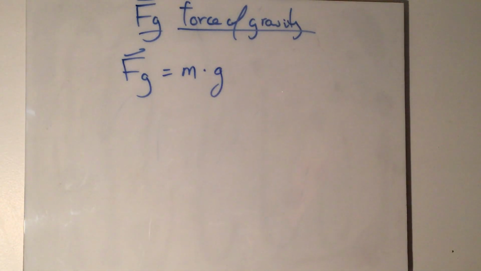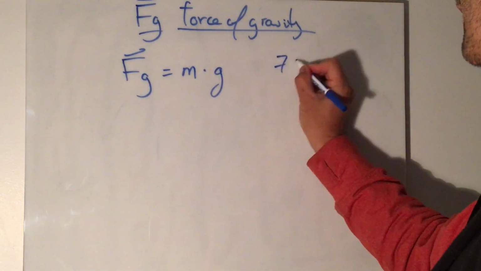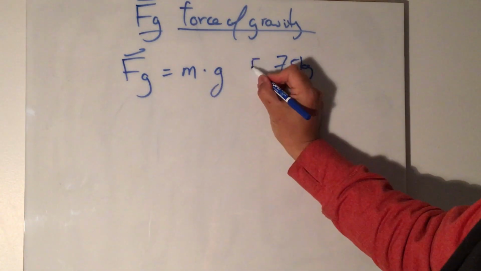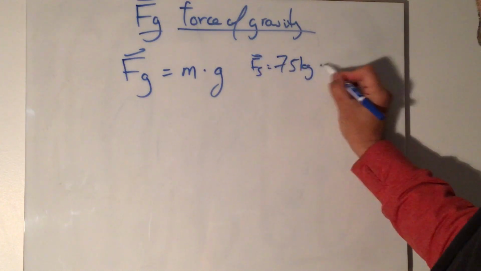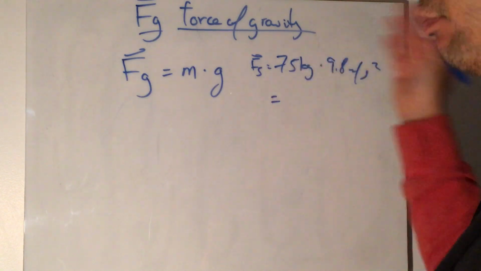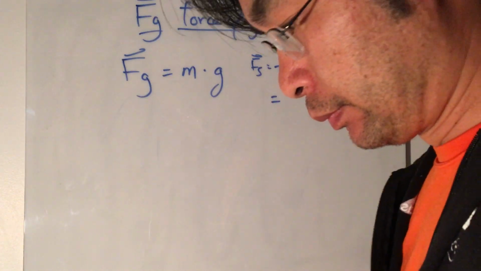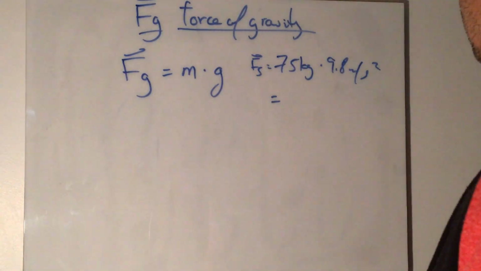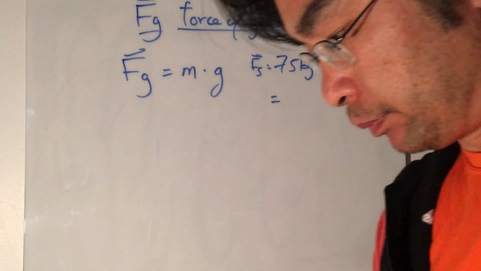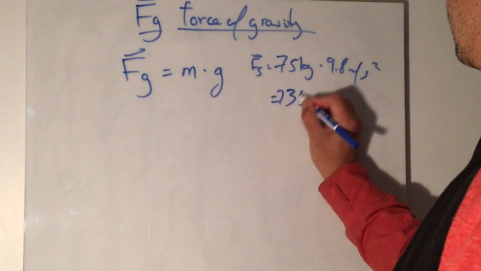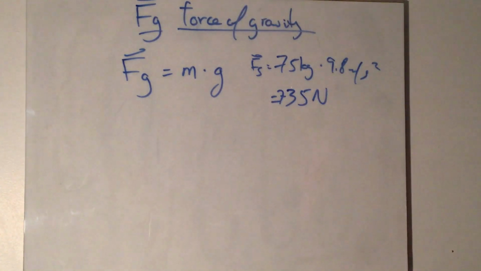Okay, so if you put in a 75 kilogram man standing on the sea level times 9.8 gives you whatever the answer is, right? What is that? Just under 750, 740, 735. 735 newtons.